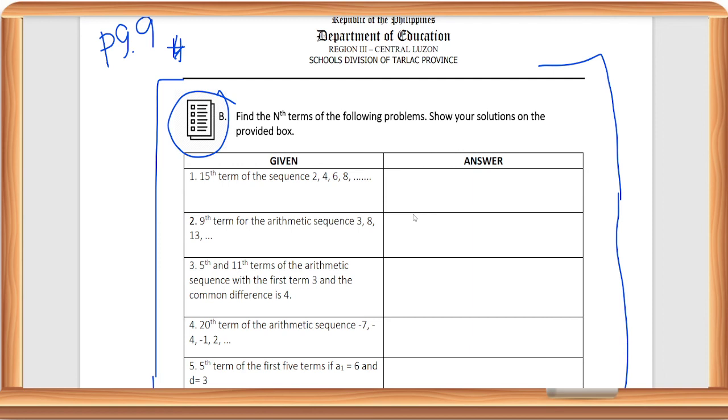I-compile ninyo lahat ng mga pinapasagutan ko, isusubmit ninyo sa akin at the end of the quarter. Parang portfolio ninyo 'yan. Ilagay ninyo yung score, and then, yun yung i-compile ninyo. Don't worry, naka-record na yon. Hindi nyo pwede ibahin yung score doon, ha?